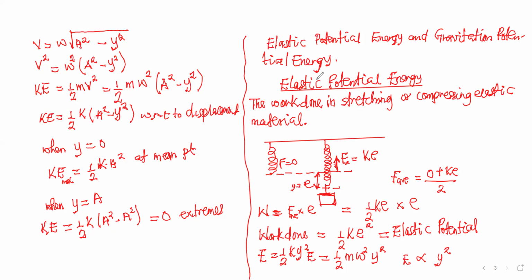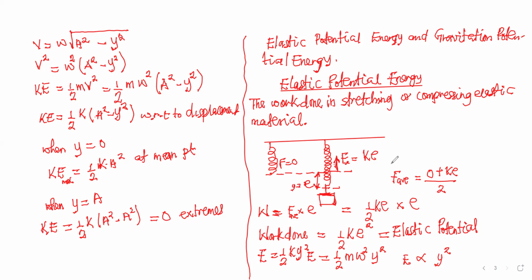So the elastic potential energy is the work done in stretching or compressing the spring. Okay, and the work done is determined by the product of the average force. So we look at average because we look at two scenarios. When there's no load, there's no restoring force acting on the spring. When there is load, there is restoring force. So we look at this average force.